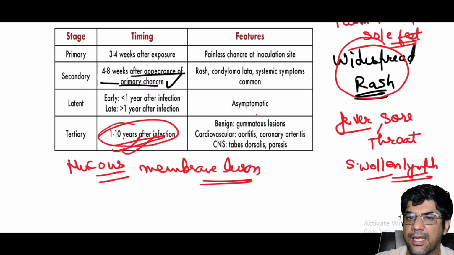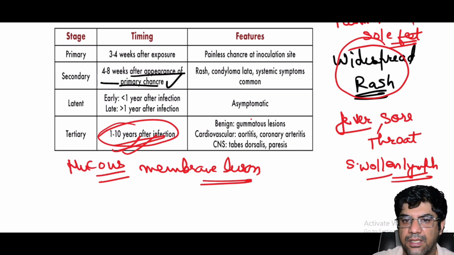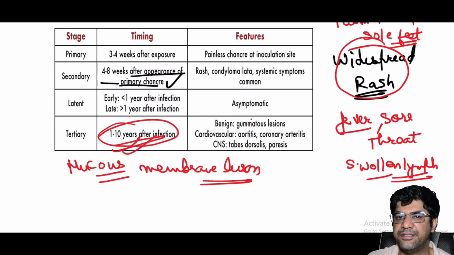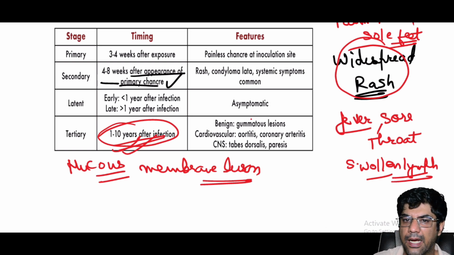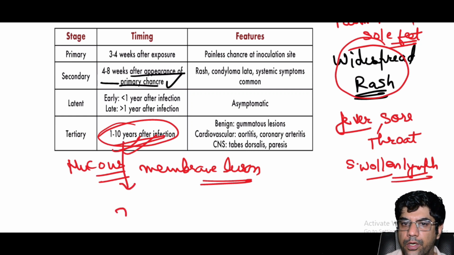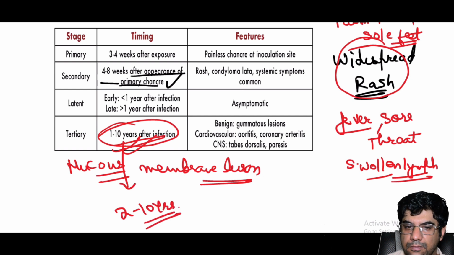Lesions here are less infectious as compared to primary and secondary syphilis. Spirochetes are difficult to demonstrate in tertiary syphilis. So when do tertiary syphilis lesions typically appear? Remember, they appear around 2 to 10 years after the initial exposure.